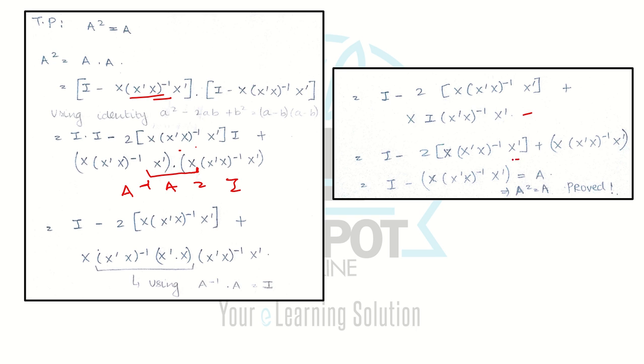So you are left with this particular term twice and plus this particular term again, because the I goes away. What you're eventually left with is just I minus this particular term right here, which is exactly equal to the matrix A. So you've proved successfully that A square is equal to A.